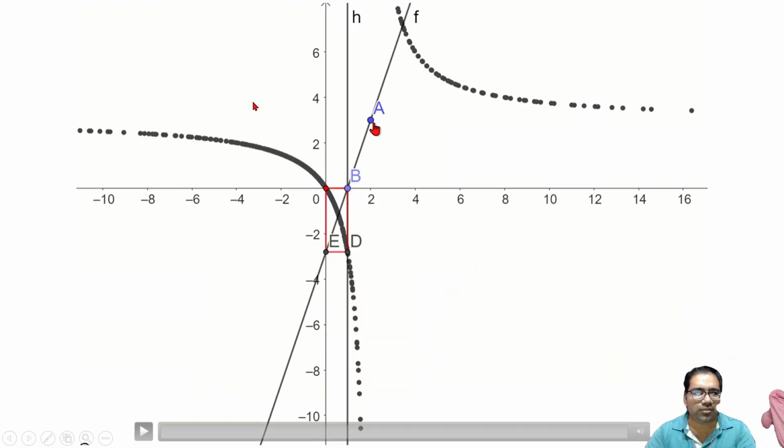It is meeting the x-axis here and the y-axis at this point. So obviously the rectangle would be this. Again, alpha is the x-intercept, and beta is the y-intercept.